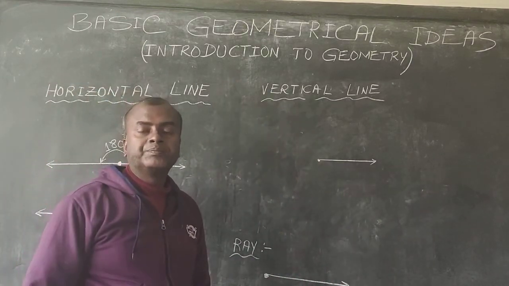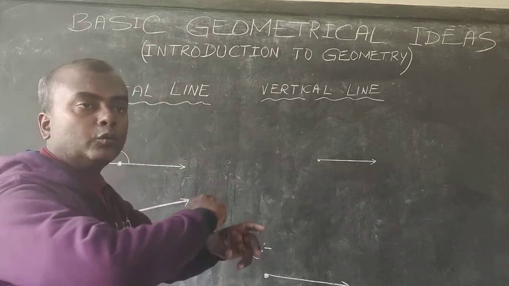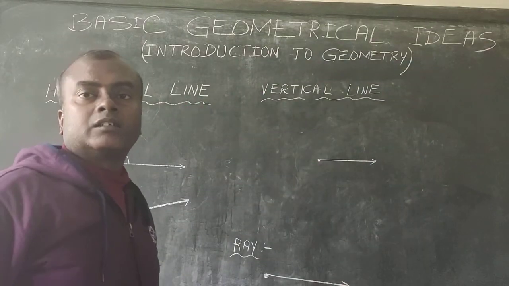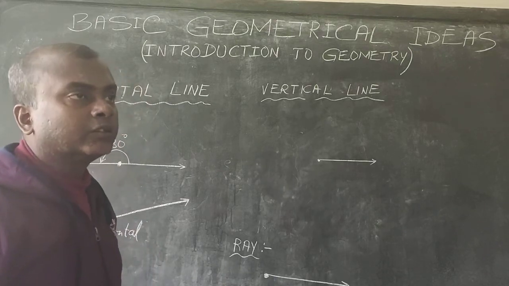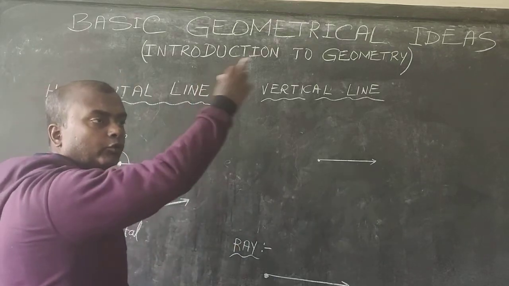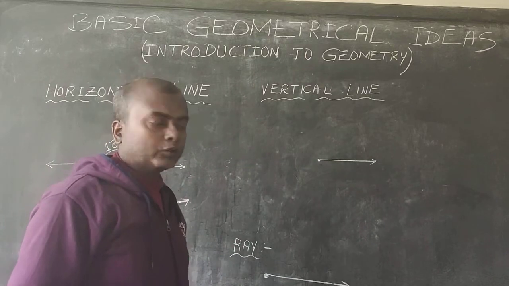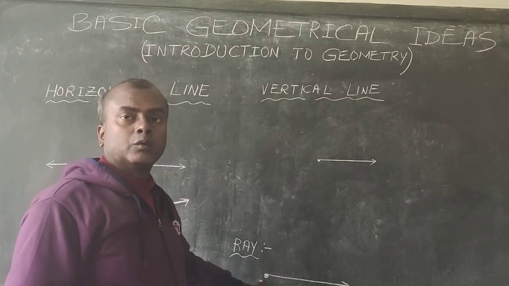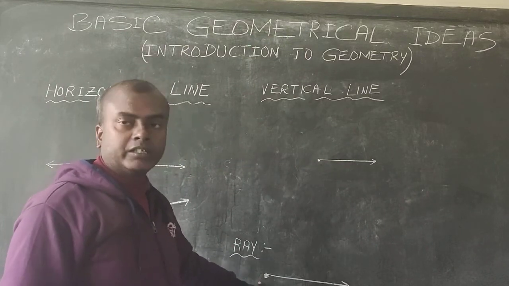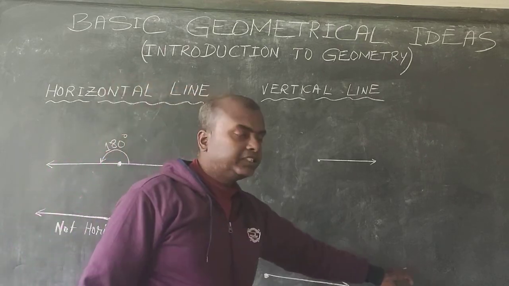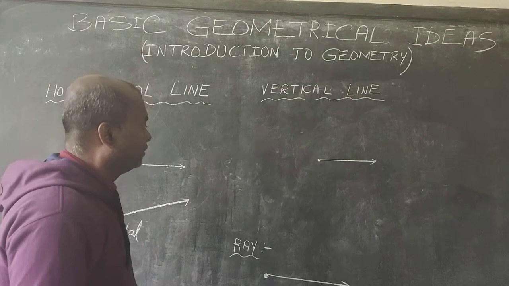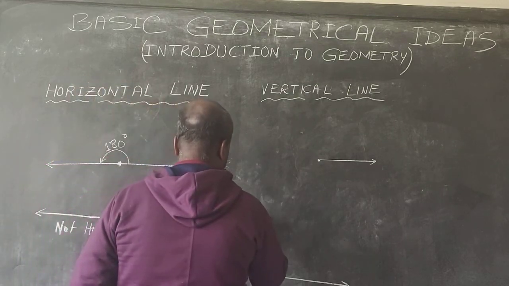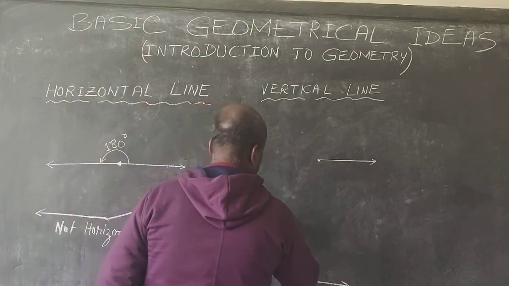endlessly. Like line, in line there are two ends which are endless. Means we don't know from where it starts and we don't know towards where it goes. But a ray, one side is known, the starting point is known to us, but where it ends, that we don't know. Remember, a line is like this.